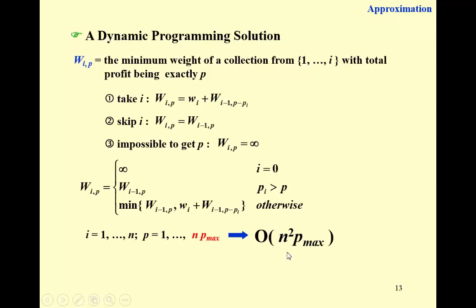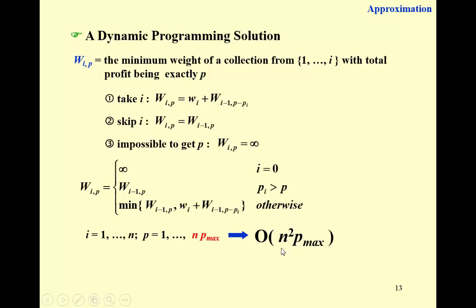Here a question for you. Is this a polynomial algorithm? Does it mean that we have just solved an NP-hard problem in polynomial time? Well, to answer this question, we must be very clear about what polynomial means. Polynomial time means that the runtime as a function of the input size is a polynomial function.